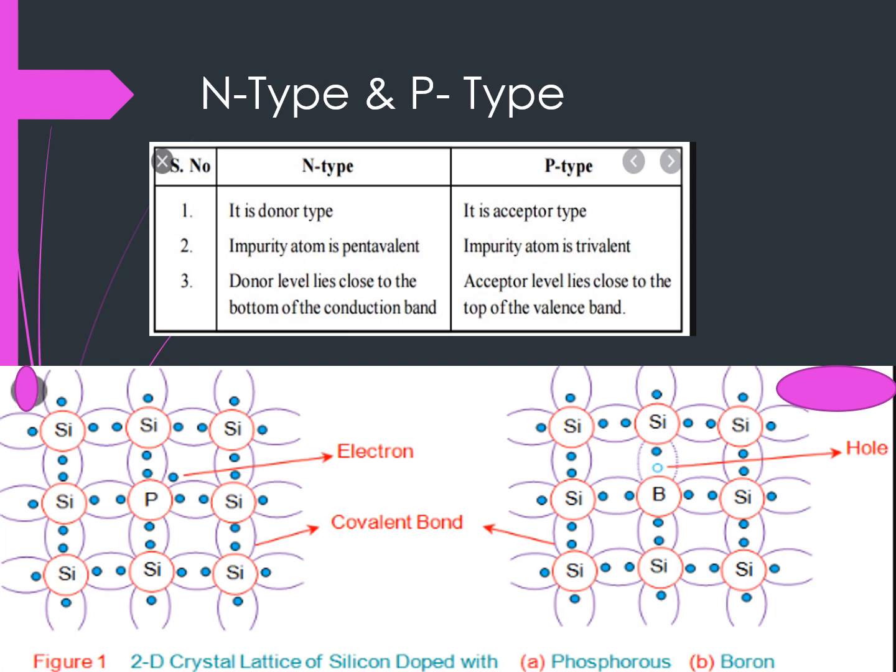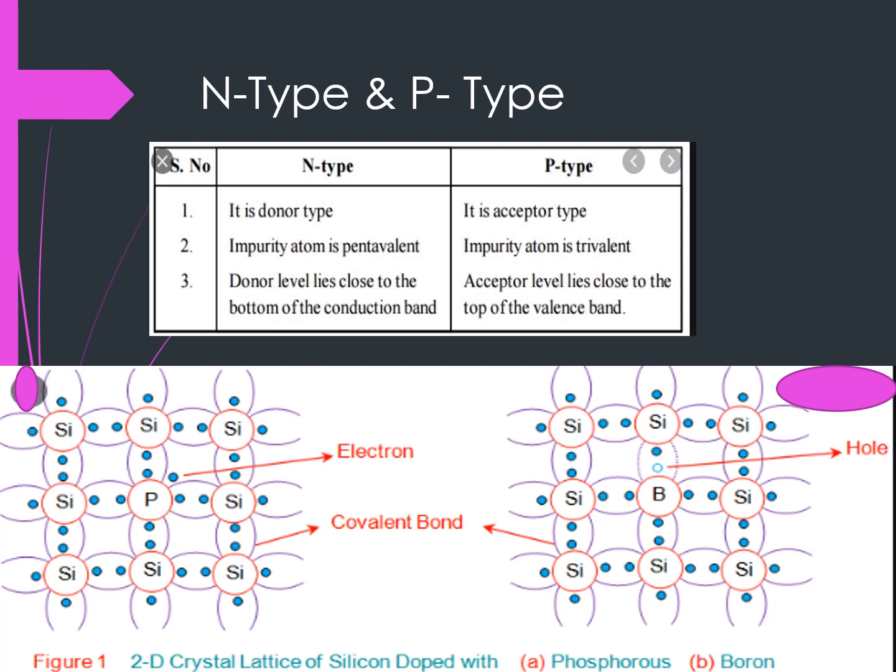The energy level of this hole lies very close to the valence band, just above it, and it is called the acceptor level. Since this type of semiconductor has an excess of holes over electrons, the majority carrier for p-type will be holes and the minority carrier is the electron.